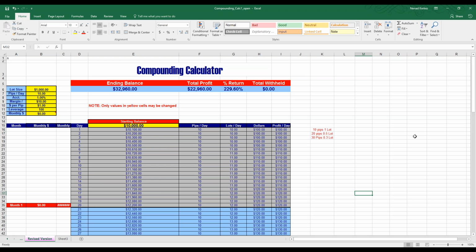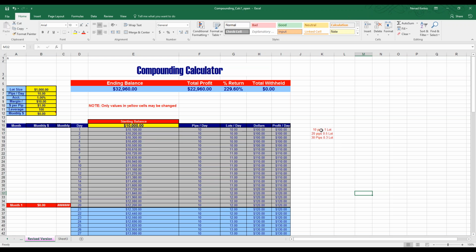But let's say that you want to trade not with robots, but using your own logic. Try this on a demo account. Try to make 10 pips per day on $10,000 and watch what will happen after a month. Be conservative. Treat your demo account as if it were a live account.